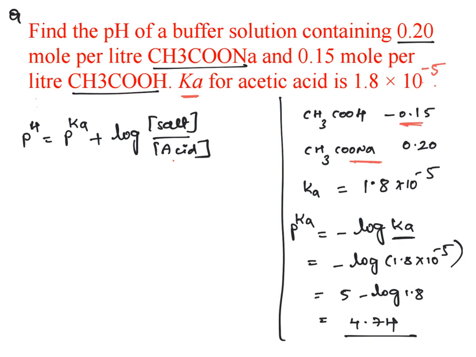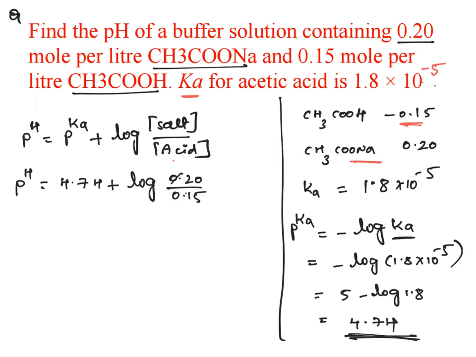Now I am substituting in the formula. pH equals the pKa value 4.74 plus log of the concentration of the salt, 0.20, by the acid concentration, 0.15.